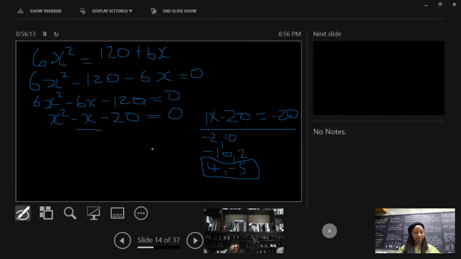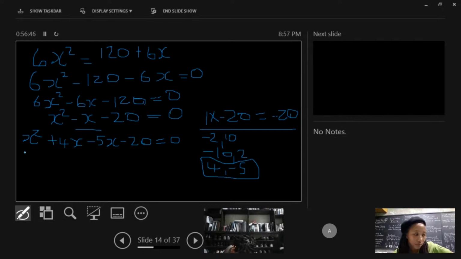All right. Okay, so if we put that back into the equation, it'd be x squared plus 4x minus 5x minus 20 equals 0. Okay, Miss, for the first part, we tried to find the common term, which is x.